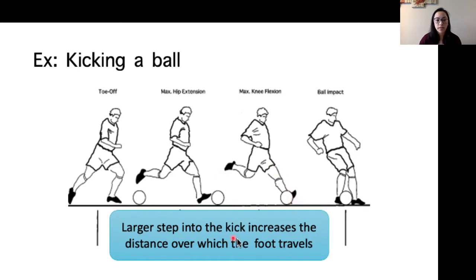So the larger step into the kick increases the distance over which the foot has traveled. Thus, we're going to end up having a greater angular acceleration, resulting in a larger force applied, right? Because acceleration is proportional to force.